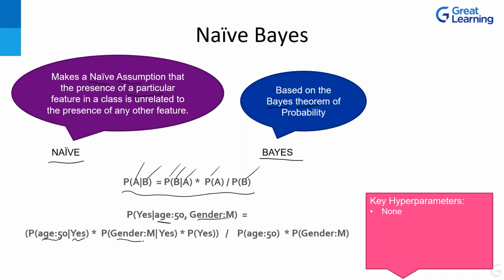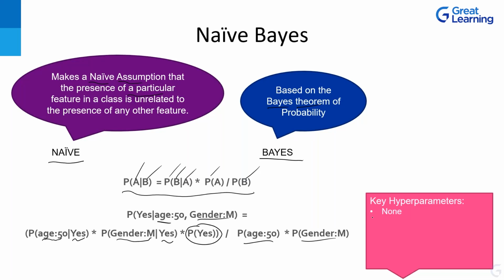Similarly, the probability of gender being male given that it's a yes. We would multiply it with the total probability of a promotion, which we are denoting with yes over here. And finally, we are going to divide it by the probability of age being 50 and the gender being male. These kinds of probabilities are calculated in a very fast manner in the naive Bayes model.